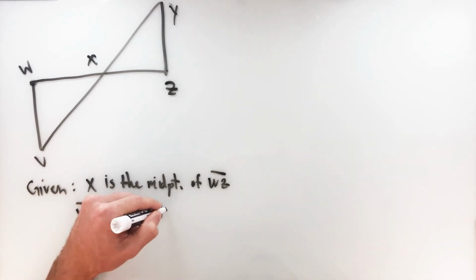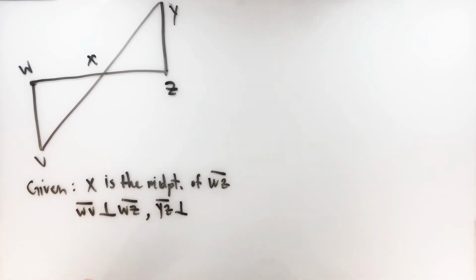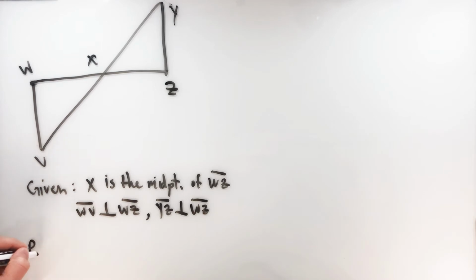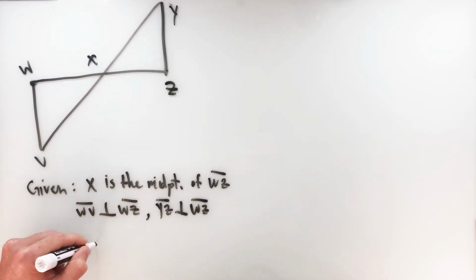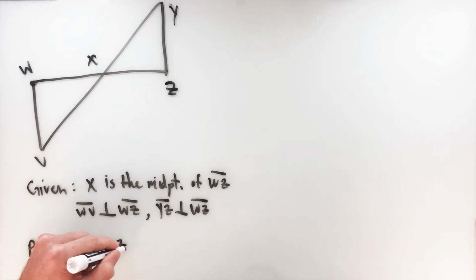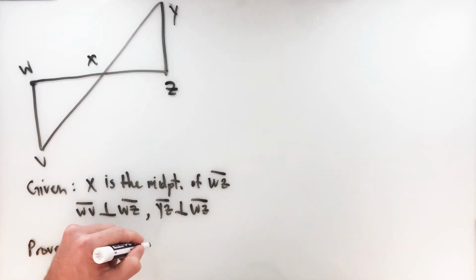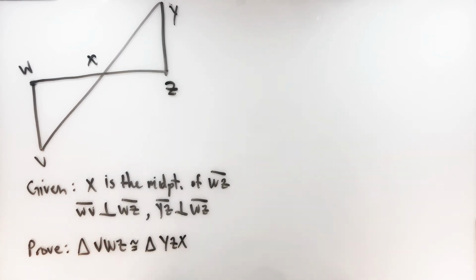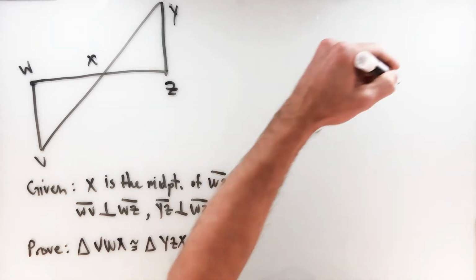And then YZ is also perpendicular to WZ. And we're going to prove that triangle VWX is congruent to triangle YZX. Okay.